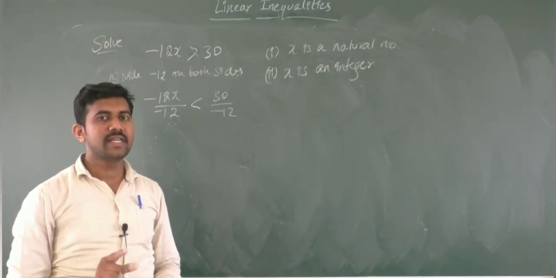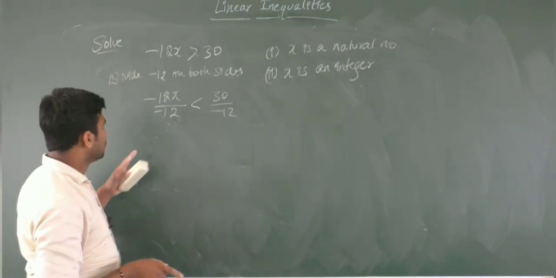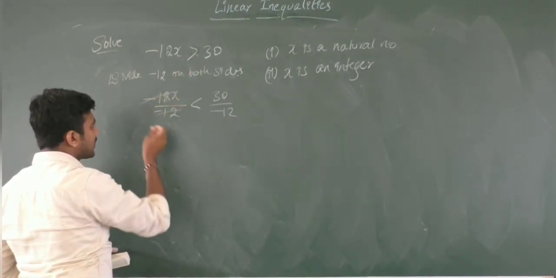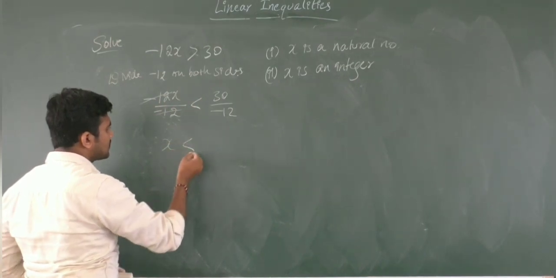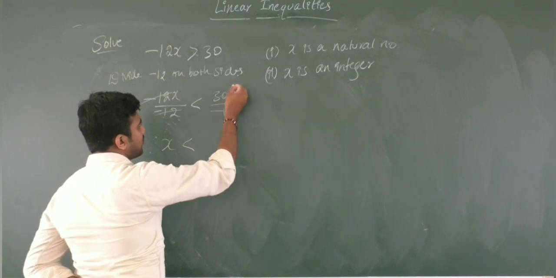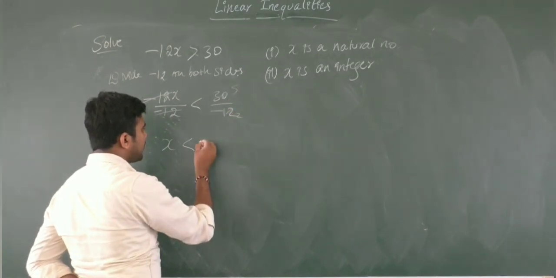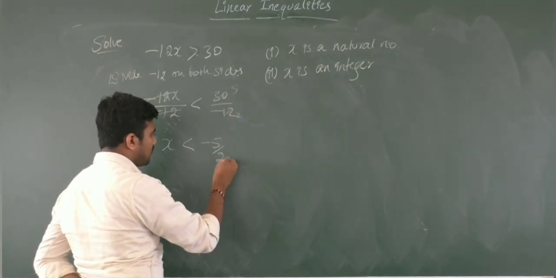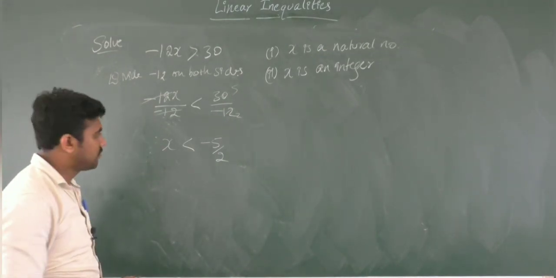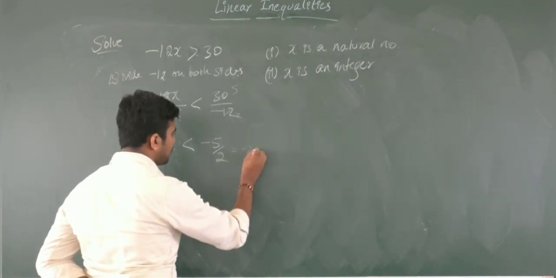So the inequality sign gets reversed. Now minus 12 cancels, and we get x less than minus 5 by 2, since 6 fives are 30 and 6 twos are 12. Minus 5 by 2 means minus 2.5.